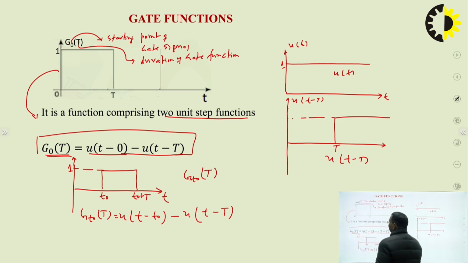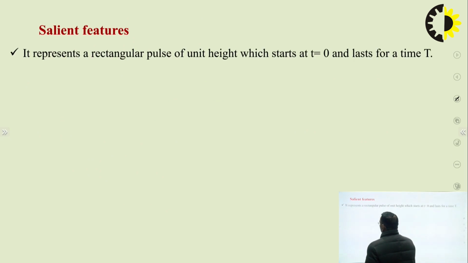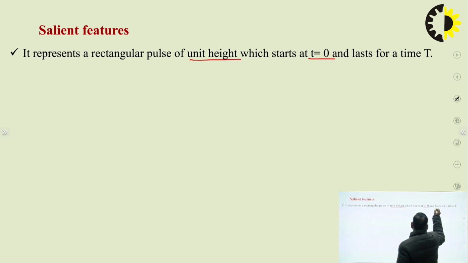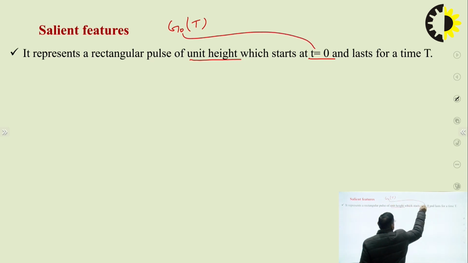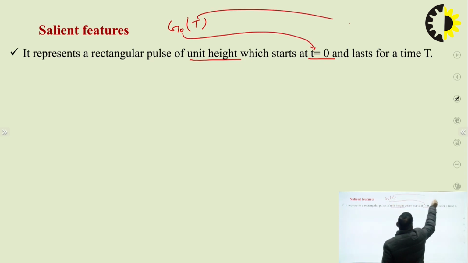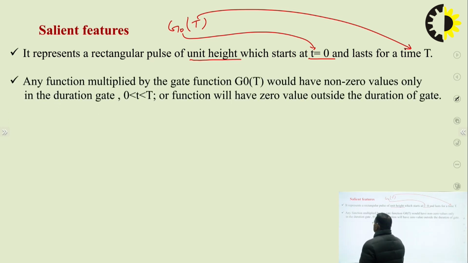So what are the salient features of gate function? It represents a rectangular pulse of unit height which starts at t equal to 0 and lasts for time T. Any function multiplied by gate function would have non-zero value only in the duration of the gate.